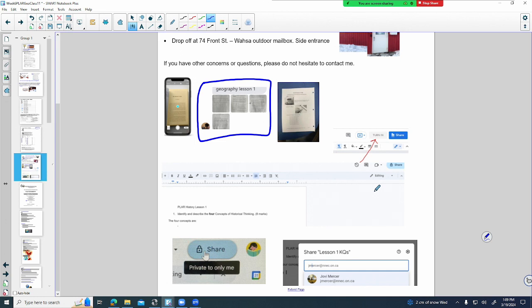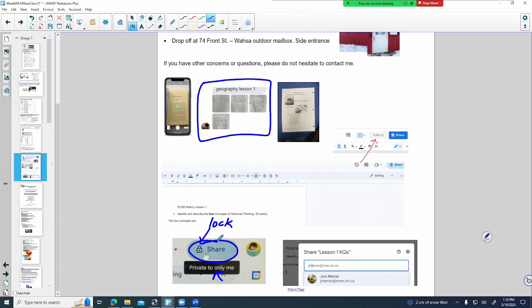An easier option is to just share. Okay, so just share to me what you have completed using Google Docs. Once you completed the key questions, you will notice that the lock feature is on, meaning that any work that you are working on is only private to you.